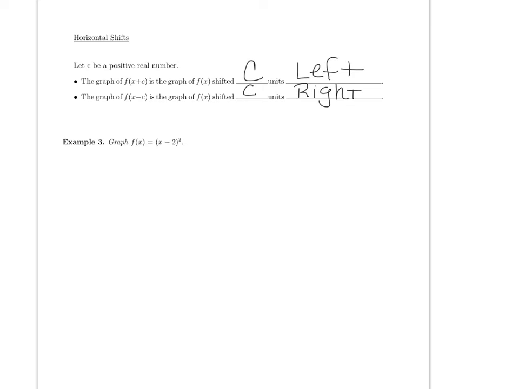So let's try an example, example 3. I'll have you pause the video and try this on your own. But again, I don't want you to make a table. So don't make a table. So you're going to graph f of x equals, in parentheses, x minus 2 all squared, and you can follow the method that we just used in example 2. You can graph the original function, x squared, and then you can move it over right 2 units.